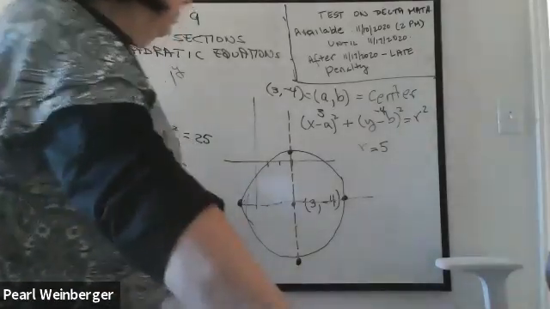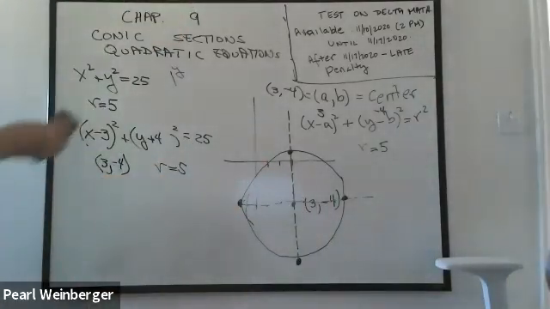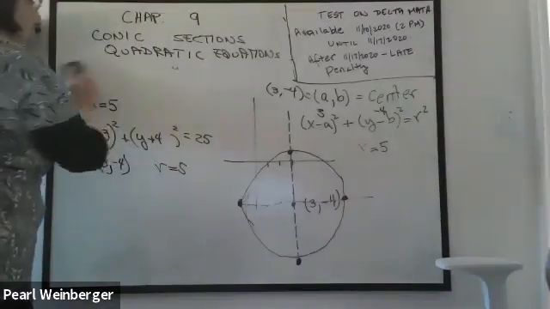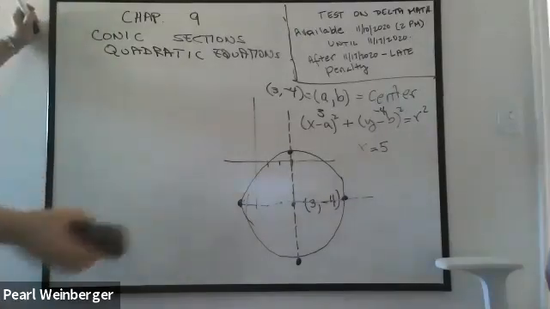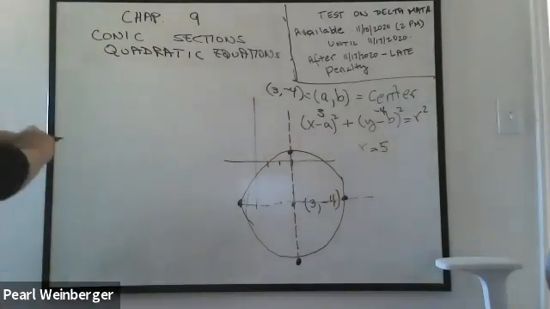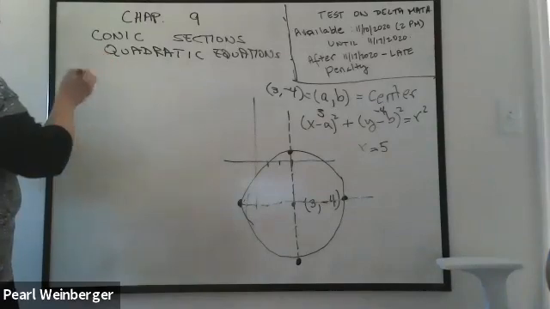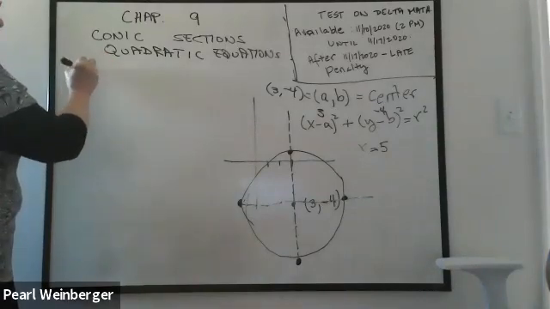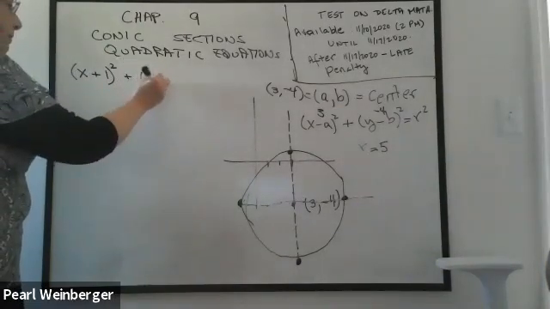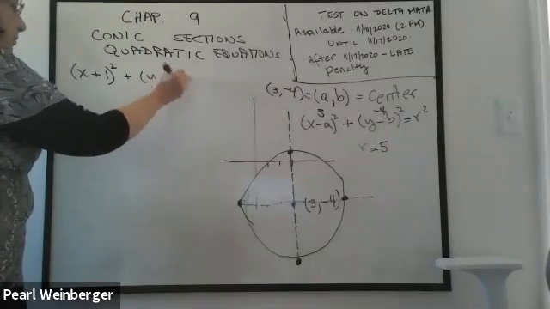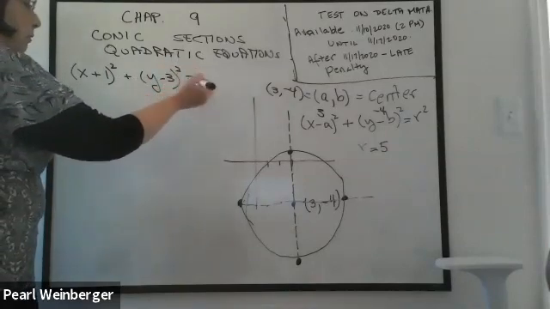Let's say I gave you this: x plus 1 squared plus y minus 3 squared equals 16.